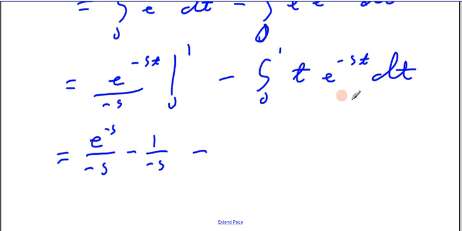For the guy on the other side, we have to do an integration by parts. Okay, so we're going to do integration by parts, and we're going to say that the integral of u prime v is equal to uv minus the integral of v prime u.